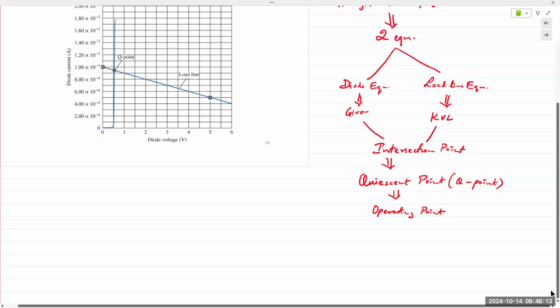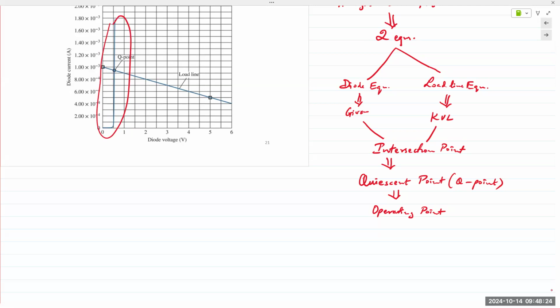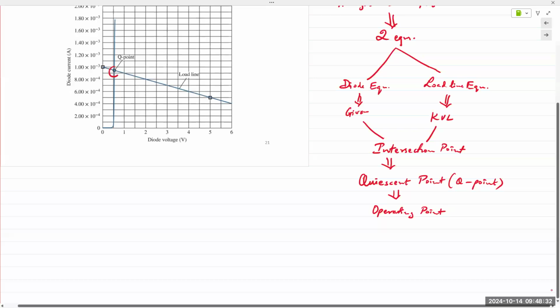Does that make sense? So again, this is the diode characteristic without any constraints. And then we apply the DC voltage. We are telling our device to work only in a certain area of that curve. And the intersection point right there gives us the operating point or the Q point.